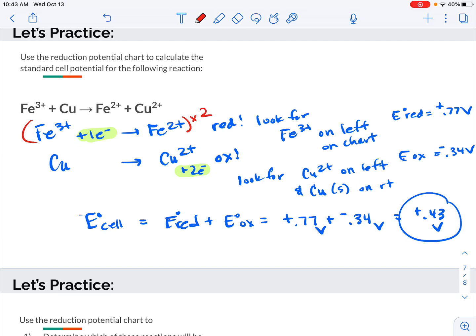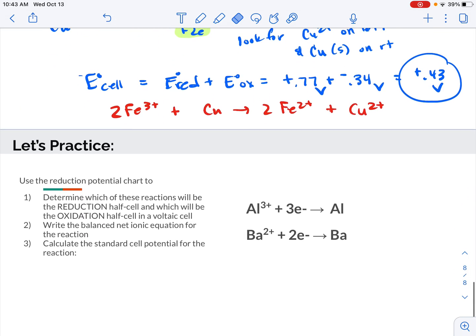So if I wanted to balance it, I would end up with 2 Fe3+ and 1 Cu, I can leave the 1 off, obviously, forms 2 Fe2+ and a Cu2+. And so we can check it the same way we checked them before, by substance and charge, and you'll see 6 positive on the left and 6 positive on the right. Okay, so this is how you use your reduction potential chart to figure out the standard cell potential.